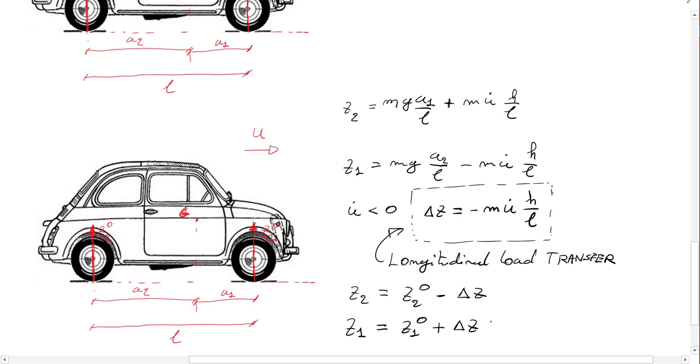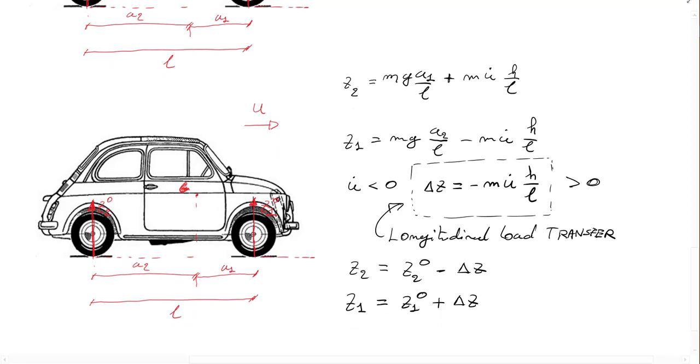Of course, as we said before, mu dot will be negative, so delta Z will be positive during the braking phase, and the opposite sign will apply during the acceleration phase, when the car is accelerating. Now we can see a little change in this figure.